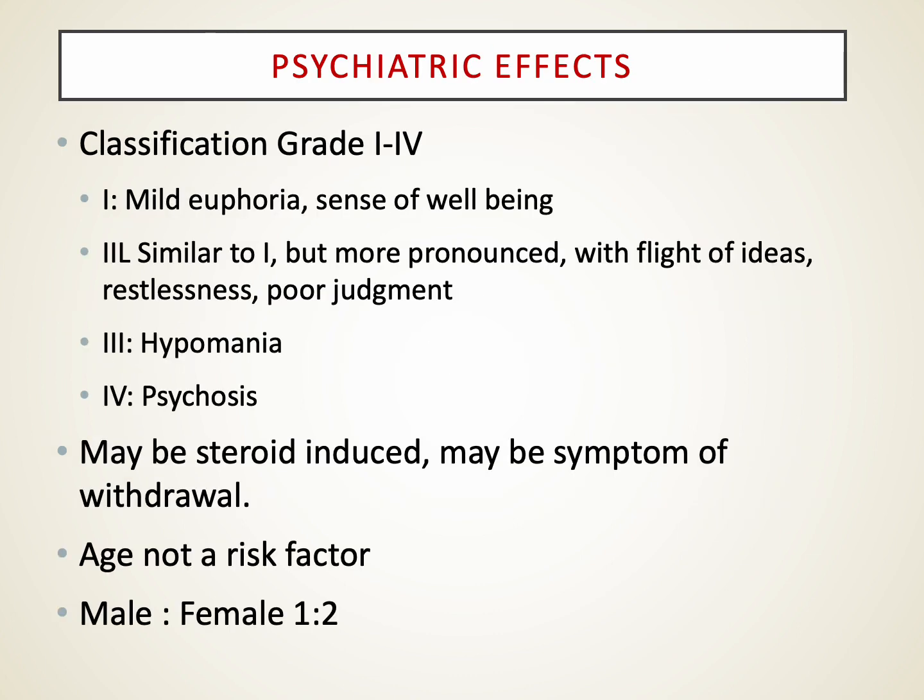The psychiatric effects we typically grade as class 1, 2, 3, or 4, but we see these with high-dose corticosteroids. Where you're going to really worry about this most often is a patient with an underlying mental health history or who has post-traumatic stress disorder with high-dose methylprednisolone.